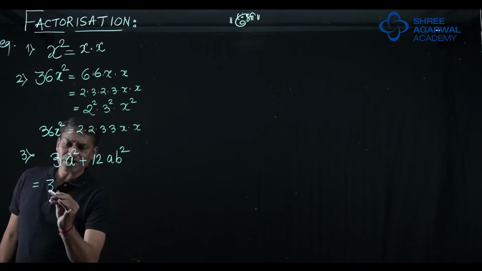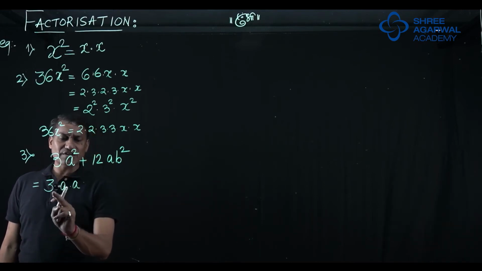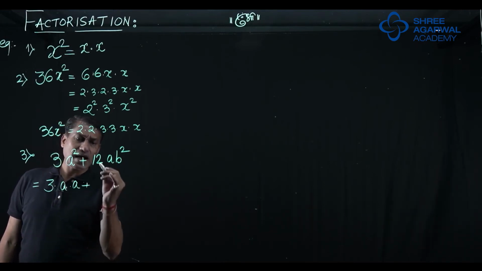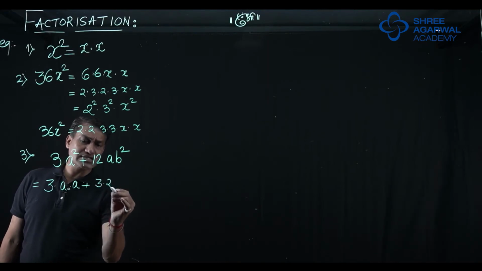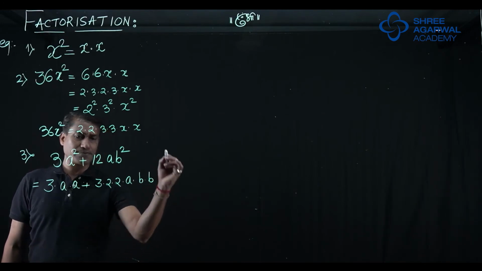I will first write the prime factors of each term: 3a square is 3 into a into a, plus 12ab square is 3, 2 twos are 4, so 3 into 2 into 2 into a into b into b.